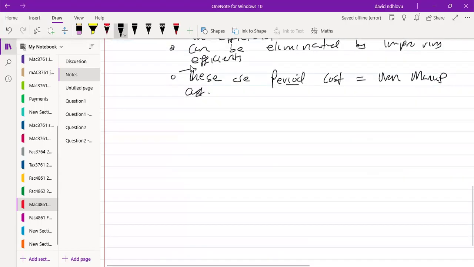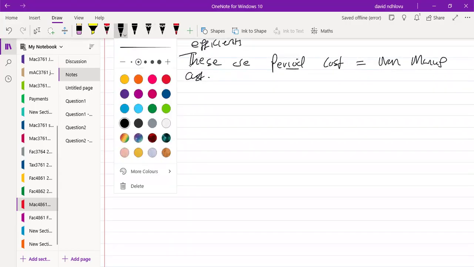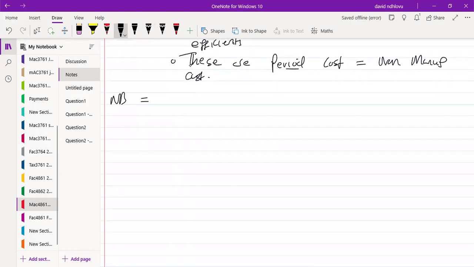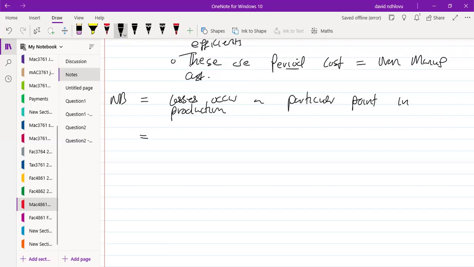So in terms of the losses, losses occur at a particular point in our production process. Think about normal losses, for example, as putting a quality check along the production process.